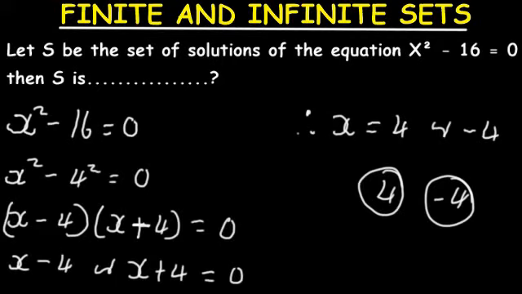Let's try one more example so that you guys will get familiar with how to differentiate between finite and infinite sets. Distinguishing between finite and infinite sets is not something special. I'm very sure it's straightforward and easy to distinguish.